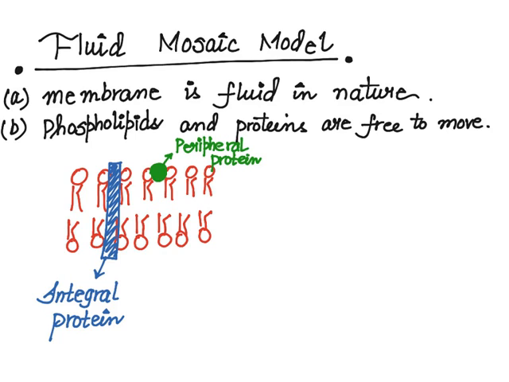And then any proteins that are found on the surface of the plasma membrane, not inside, not on the side, but just on the surface, are called surface proteins.